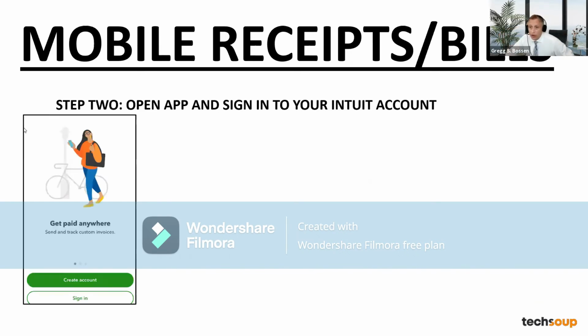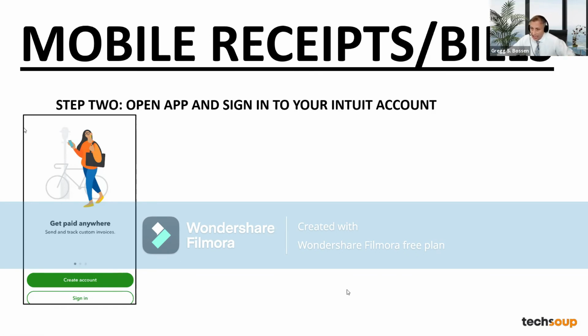First, after you install it, you'll get this screen here, and you'll either click Create Account or Sign In. If you already have a user ID and a password for QBO, you just click Sign In. If you're in desktop land and you don't know the Intuit account, you need to find out. If you've never set up an Intuit account, you can create one right there.